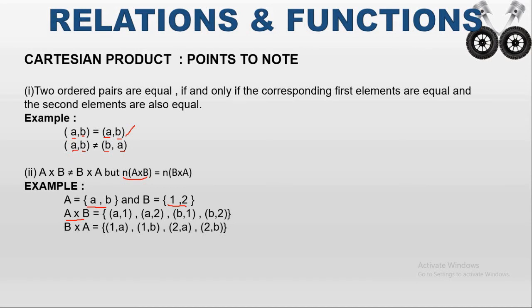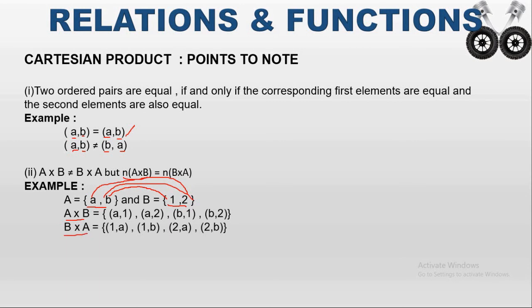So (a, 1). Then you take a with 2, that is (a, 2). Then again you write the B value, second element value: (b, 1) and then (b, 2). So A cross B equals {(a, 1), (a, 2), (b, 1), (b, 2)}.